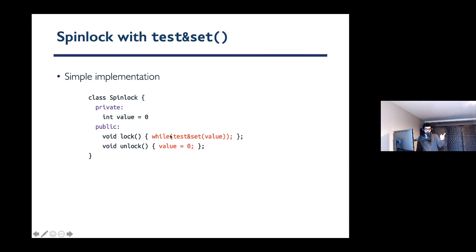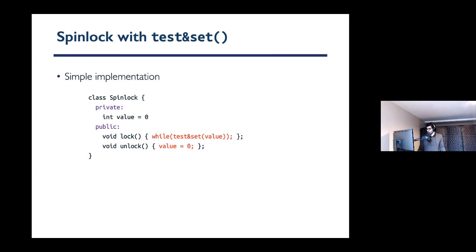So that particular thread that sees this value set to 0 for the first time will be the winner. So they would now lock it and get out of the lock function. So at any given time, only one thread can get out of this lock, and other threads will just spin there. That's why we call this a spin lock.